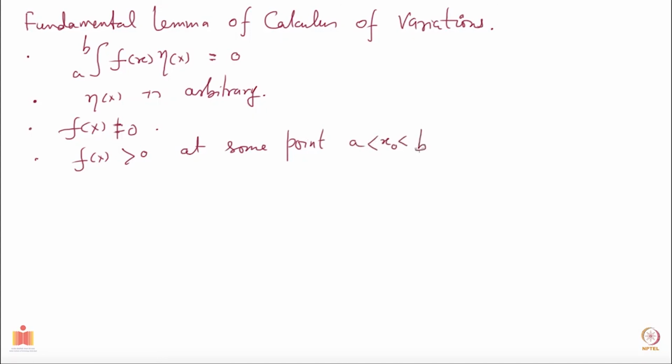It has some non-zero value, and I will assume that the function f of x is given to be continuous. Now if it is continuous, then if it is positive at some point, then it will be positive in a neighborhood of this point, because it cannot immediately become 0, right? So f of x would then be positive in a neighborhood of x naught.